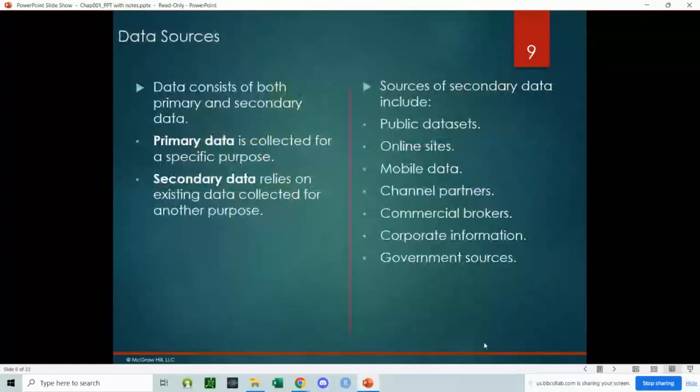There are a few other examples of where you can get secondary data. Primary data is sometimes if you're going to develop your own survey or interview people to get the kind of information you're looking for. But generally on a larger scale project, you're probably going to use secondary data that you can pull from multiple websites or government sources to get the information you need to develop a model.